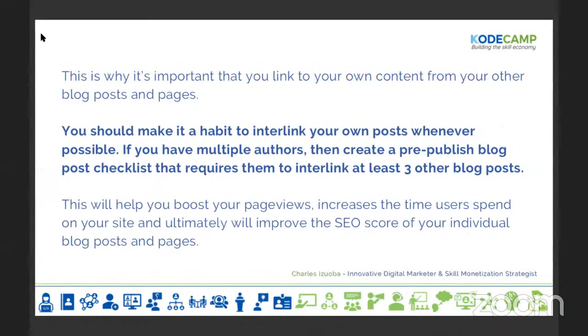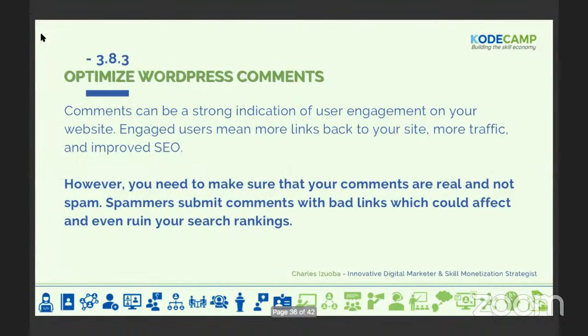Make it a habit to always link to at least 3 to 5 pieces of content you already have on your website. If you have people blogging or writing for you, always tell them the content to link to, okay? So that it increases the wait time on the site, and your site will perform well in the digital space. It is very, very important.